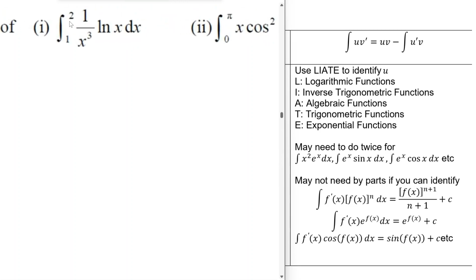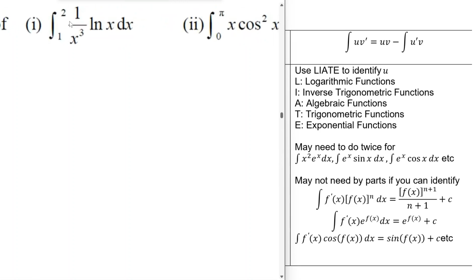If you look at this question by LIATE, this is ln, and I can only differentiate ln, so ln x is going to be my u, and this is going to be my v prime. I like to use this table, which I derived myself.